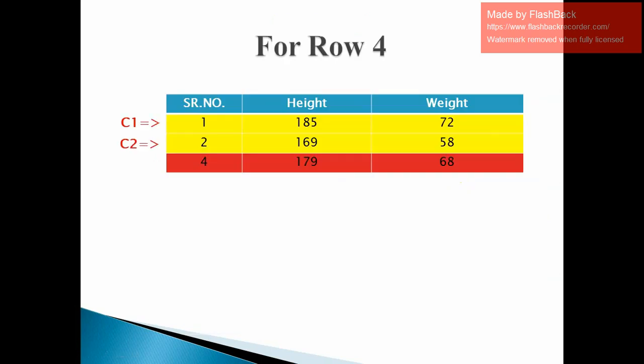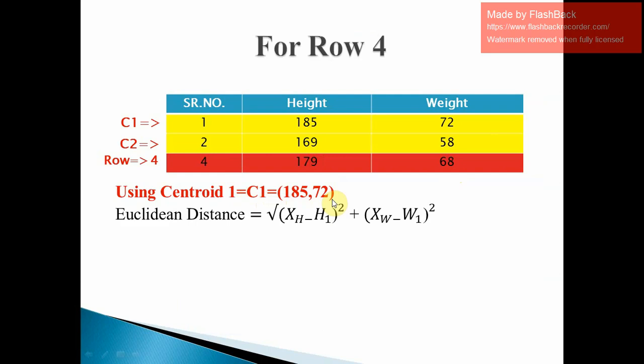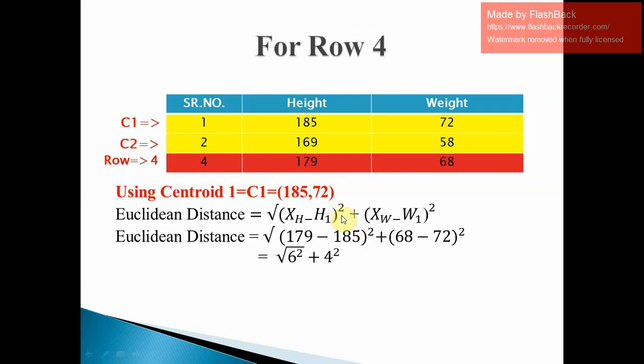First of all we are calculating the Euclidean distance using centroid C1, that is 185 comma 72. Taking the same equation, 179 minus 185, because we are using centroid 1, and 68 minus 72 because we are using centroid 1 again.